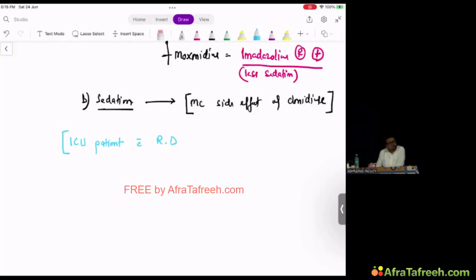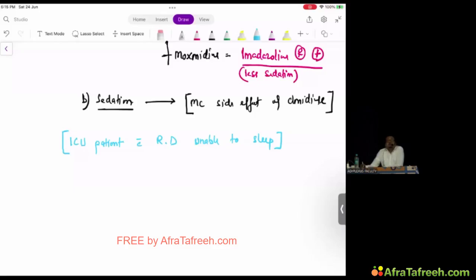Imagine COVID. COVID is basically a respiratory disease. The patient goes on ventilator. Patient is in ICU, unable to sleep, because of pain or any other reason.